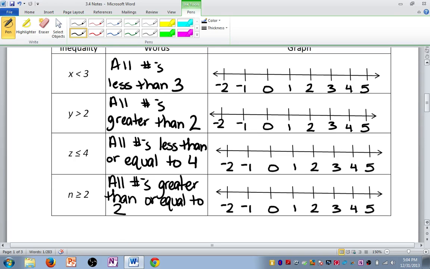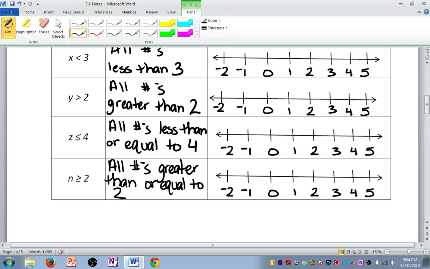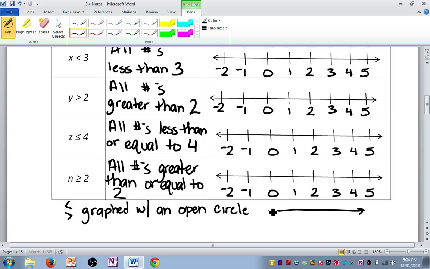Before we move on to graphing, I want to show you some symbols. If this symbol or this symbol is used, that means that it is graphed with an open circle. If we have a number line, when we are graphing a less than or greater than symbol, you're going to mark it with an open circle.